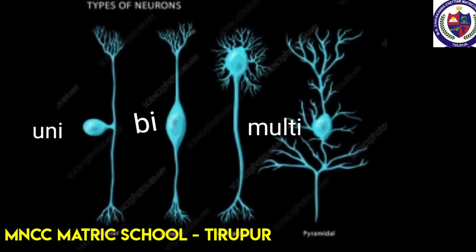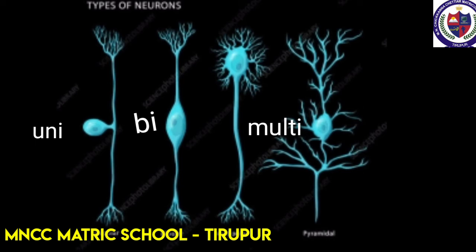Unipolar neurons are found in early embryos but not in adults. Bipolar neurons are found in retina of eye and olfactory epithelium of nasal chambers. Multipolar neurons are found in cerebral cortex of brain.